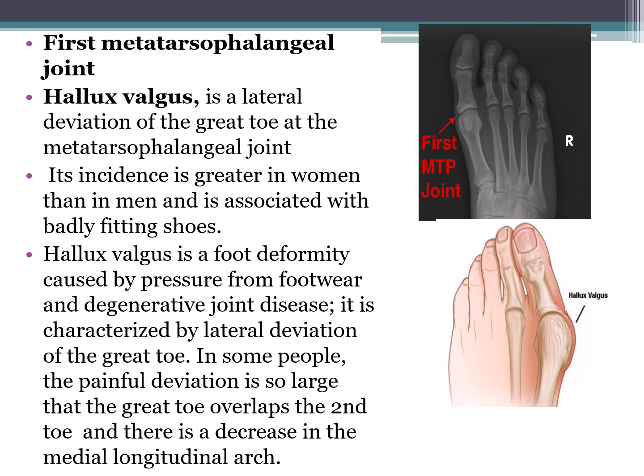It is a foot deformity caused by pressure from footwear which is not of the proper size, and by some degenerative joint diseases, characterized by the lateral deviation of the great toe. Sometimes the painful deviation is so large that the great toe overlaps the second toe, and there is a decrease in the medial longitudinal arch.